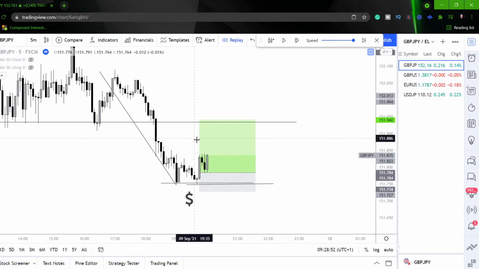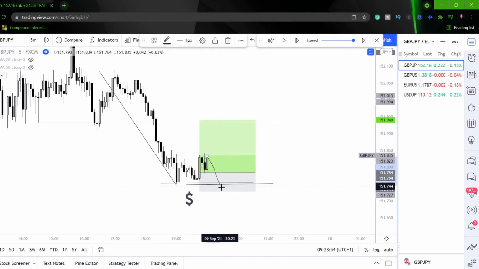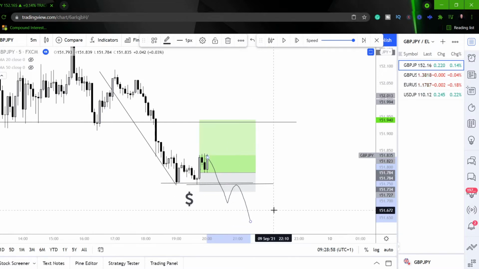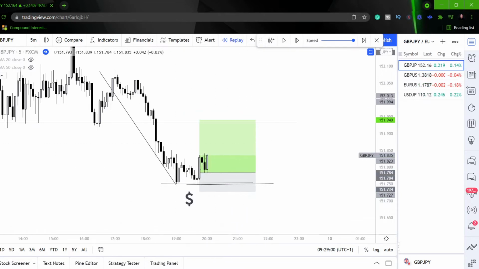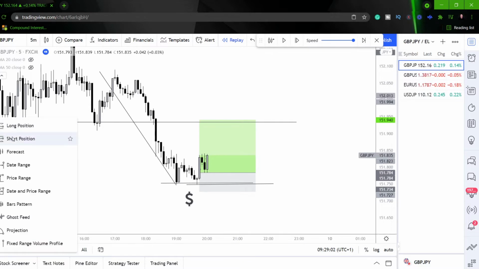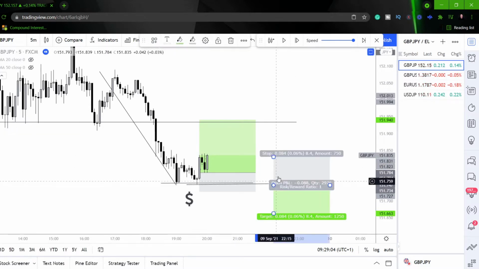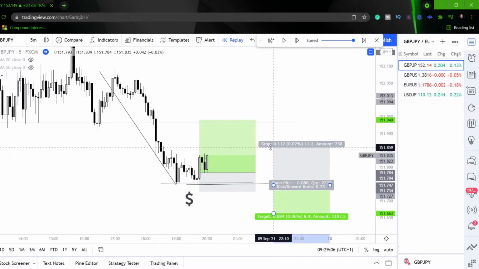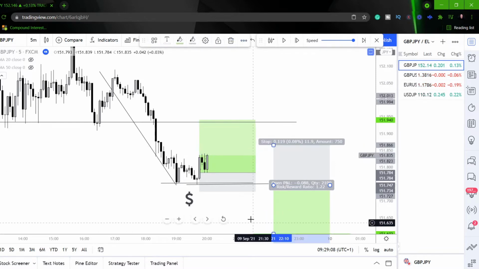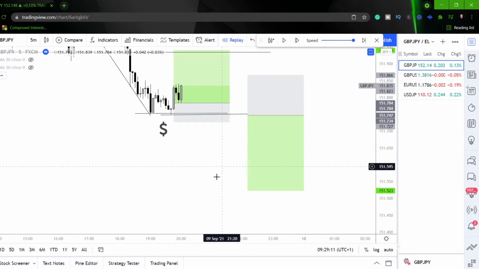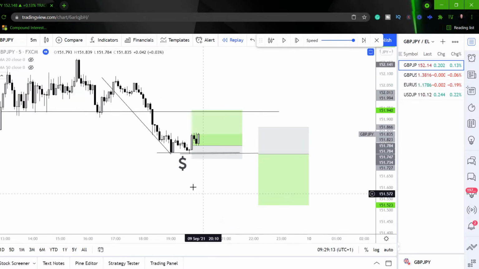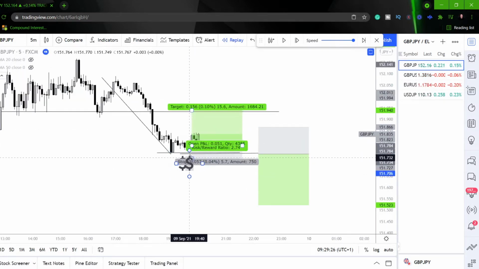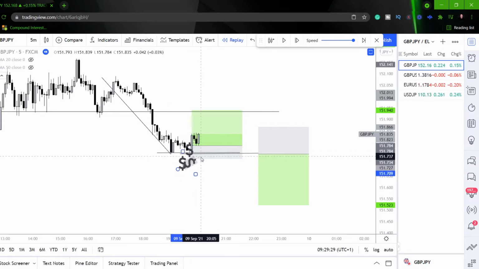If the market breaks below this level, they'll get triggered into sell positions, anticipating the market to go lower, with stop losses up there somewhere. So ultimately we've got a lot of liquidity below this level.